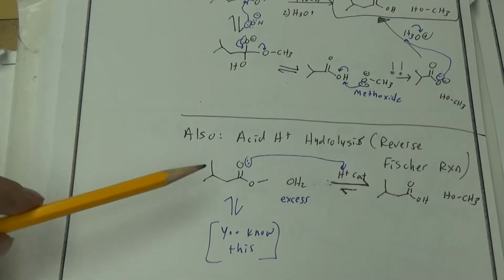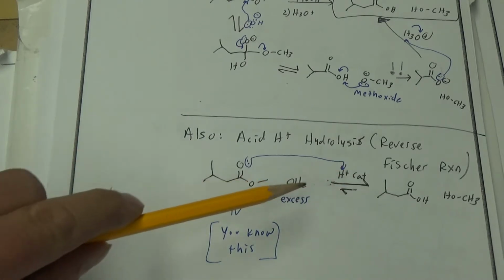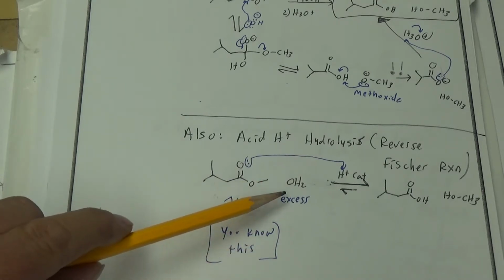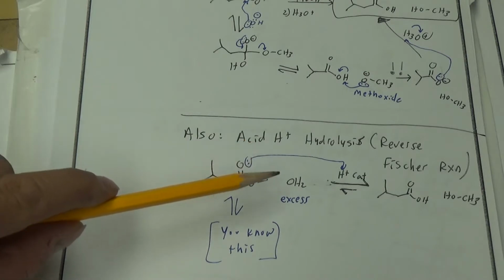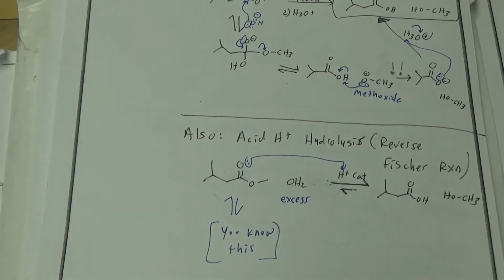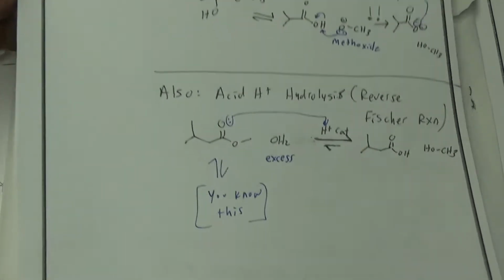I think we already had you step through this mechanism before. It's really easy: protonation, then water attacks, then proton transfer, etc. So that's just the acid catalyzed hydrolysis of esters, right?